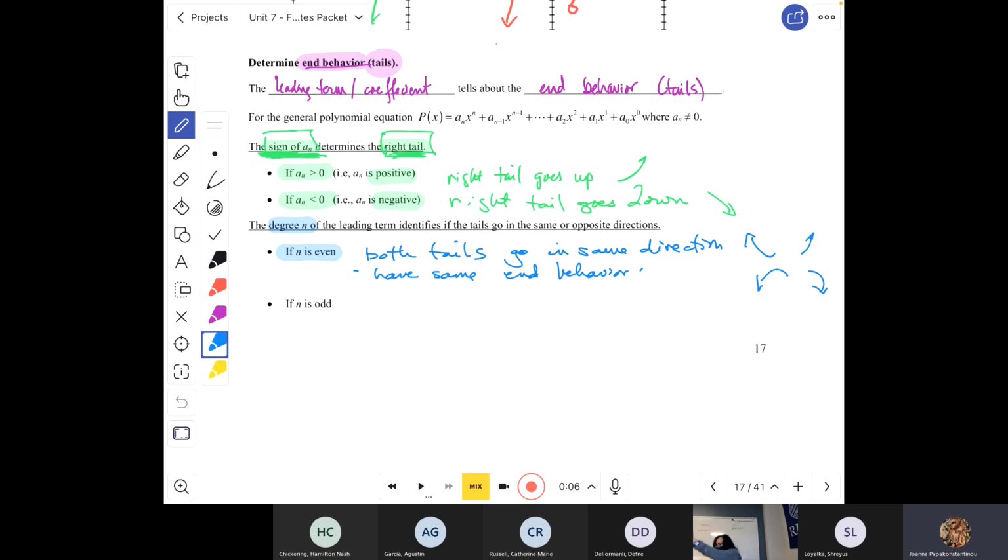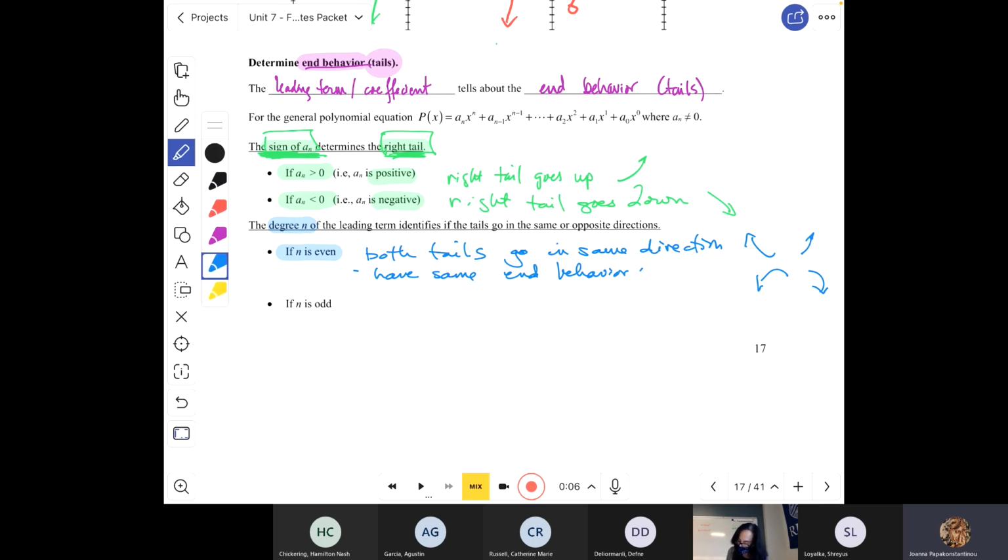So I look to my leading term. If the leading coefficient is positive, I know the right tail goes up. If the degree is even, the left tail also goes up. If the degree is odd, but the leading term is positive, the right tail goes up, but the left tail goes down.